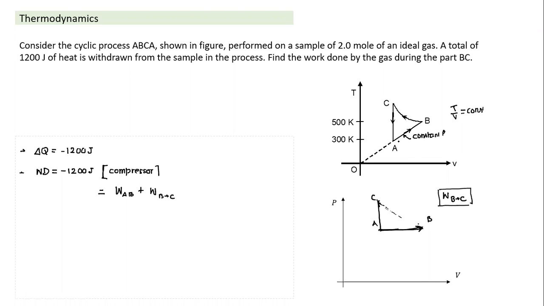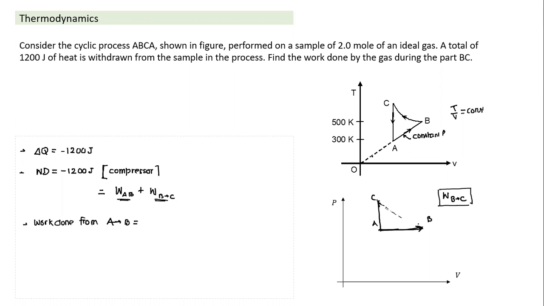So can we calculate work done from A to B? What is work done from A to B? Can anyone think of what is work done from A to B? If I can calculate work done from AB, work done from BC can be calculated. Is there enough information to calculate work done from A to B?